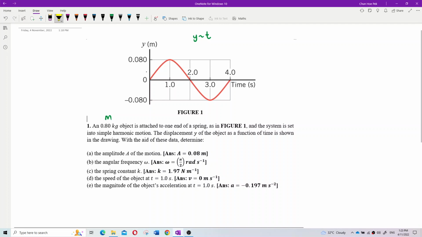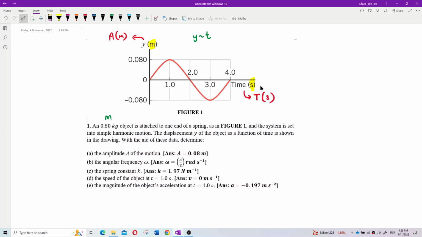First of all, I want you to pay attention to the units given. If displacement is in meter, then the amplitude will also be in meter, and the time in second means the period will also be in second.